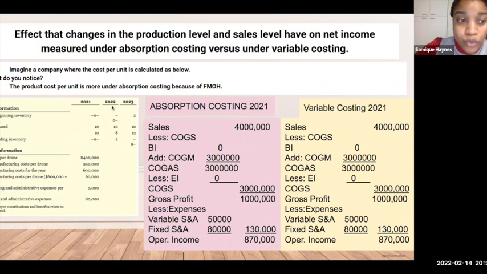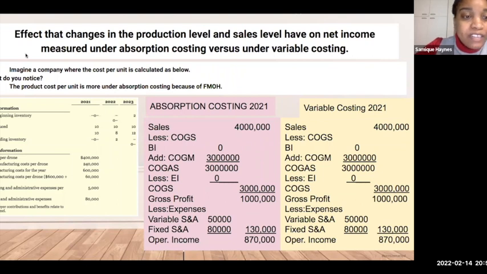In 2022, if ending inventory in 2021 is 0, what is beginning inventory in 2022? 0, very good. But in 2022, we produced 10 and we only sold 8. So our ending inventory was 2. If in 2022 our ending inventory is 2, what is our beginning inventory in 2023? 2.